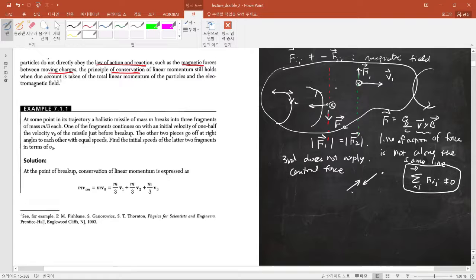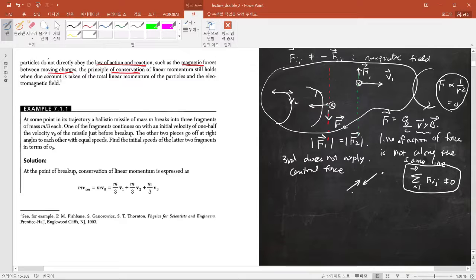Here, of course, I can take this system to be very large, and we know that the Lorentz force is proportional to 1 over r squared. So if you go far from these two particles, then you can always go to a region where the Lorentz force is 0.